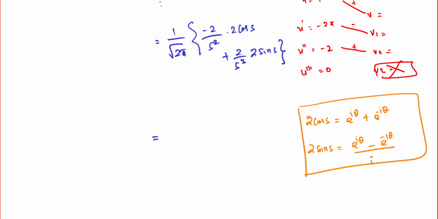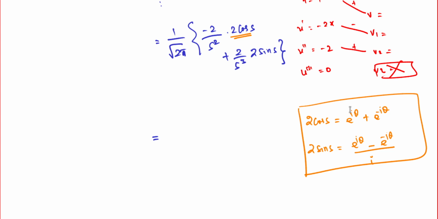So because of this, you can replace this 2 cos with e to the power i theta plus e to the power minus i theta. Done. Then you can replace 2 sin theta by e to the power i theta minus e to the power minus i theta divided by i, and then further simplify it.